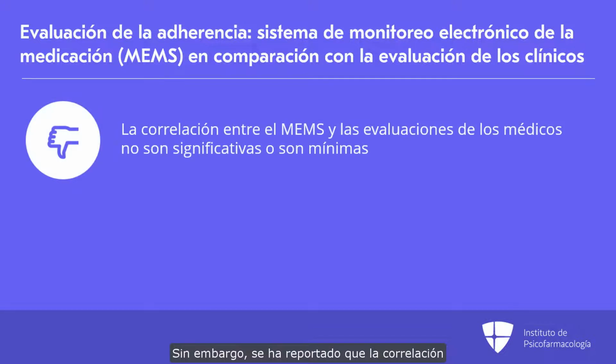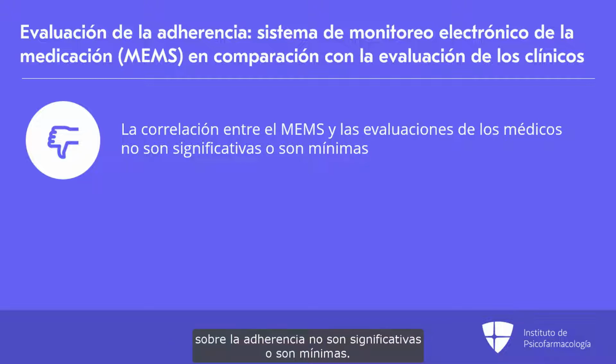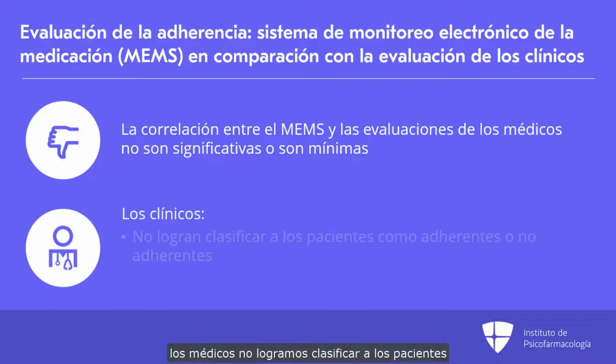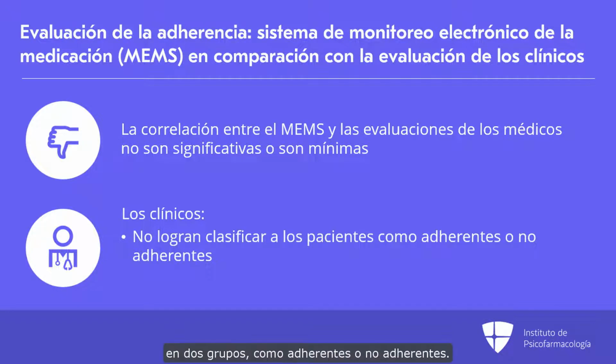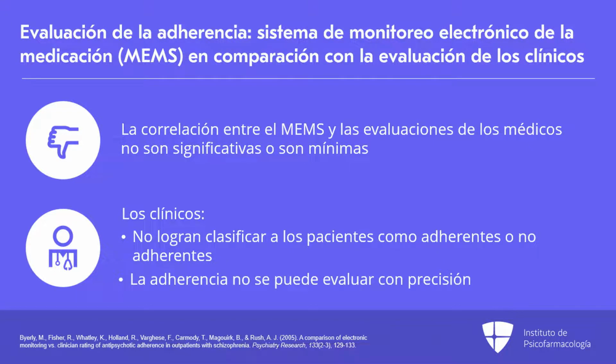But correlations between MEMS and physicians' impressions of adherence have been reported to be non-significant or minimal. And using that standard 80% cutoff that I discussed earlier, physicians were unable to dichotomize or divide people into groups of adherent versus non-adherent. So we think that we can really accurately assess adherence among our patients, but the data does not, in fact, suggest that that is the case.